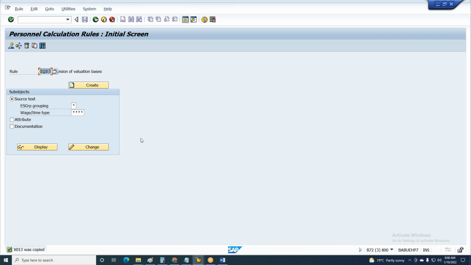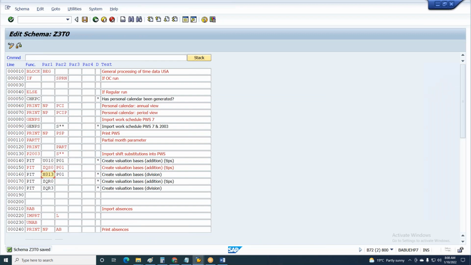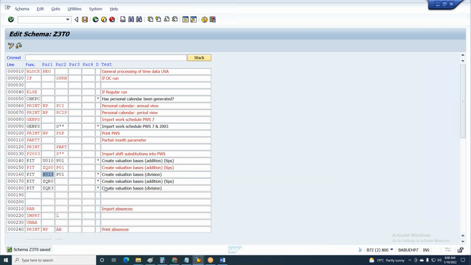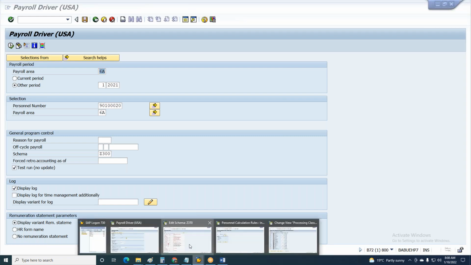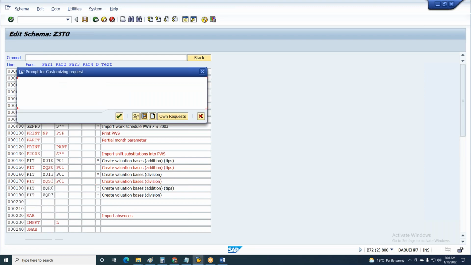So I have copied U013 or X013 to ZQS3. That's 3.